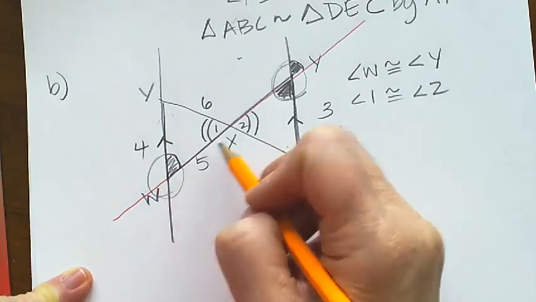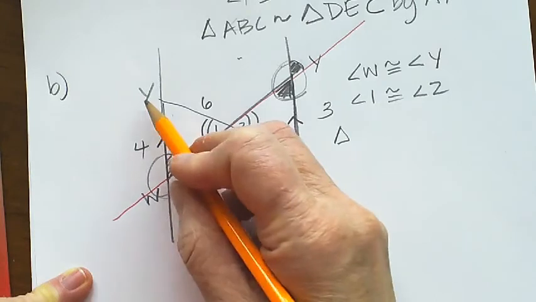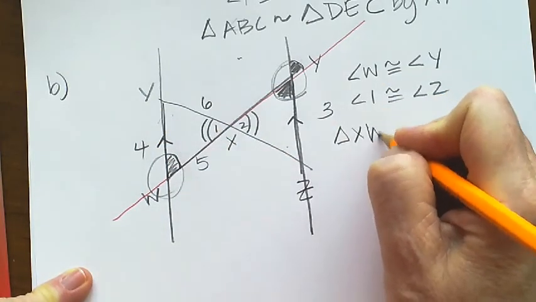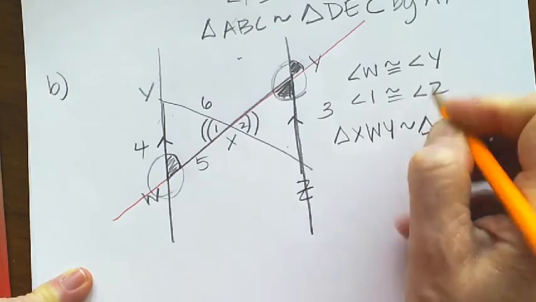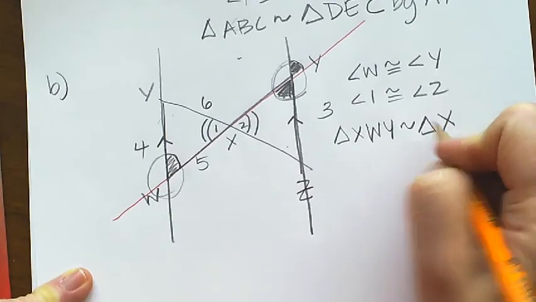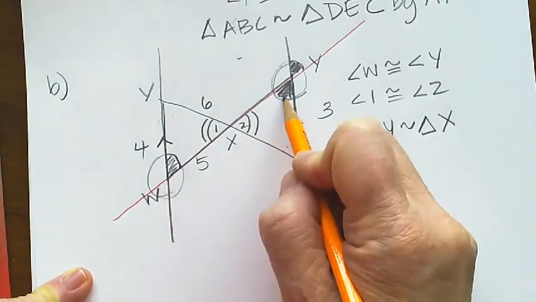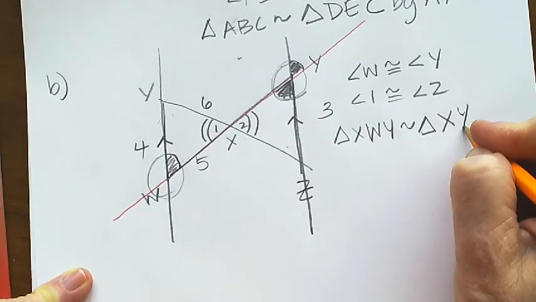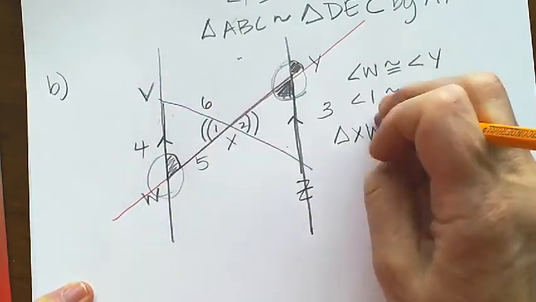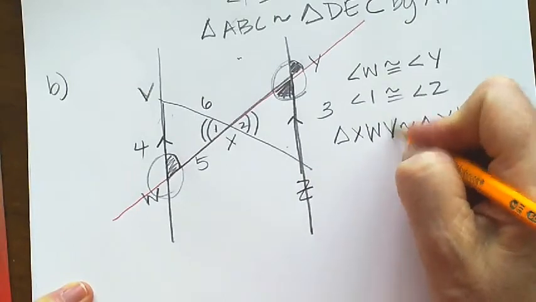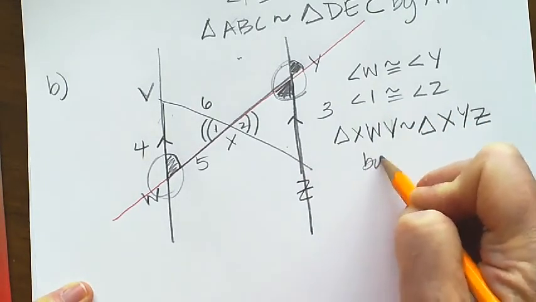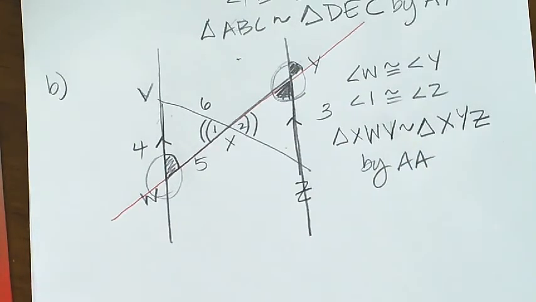Triangle XWY is similar to triangle X. These 2 angles are the same, so X has to go first. W corresponds to V. Oh, I think that's a V. XWV, and then XYZ, by angle, angle again.